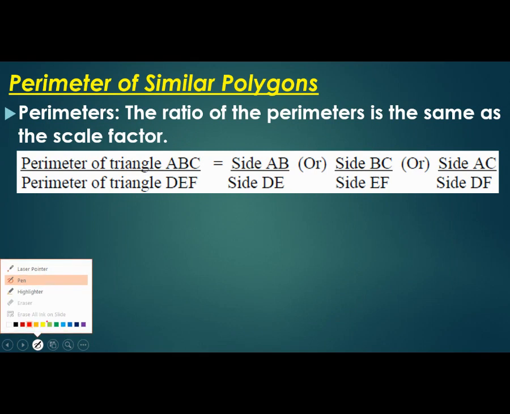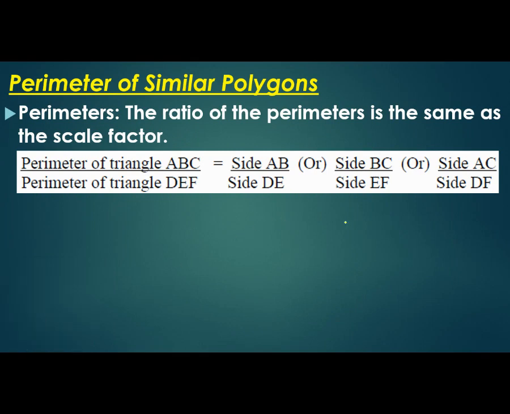Assume that you are given two triangles which are similar. One is triangle ABC and the other triangle is DEF.